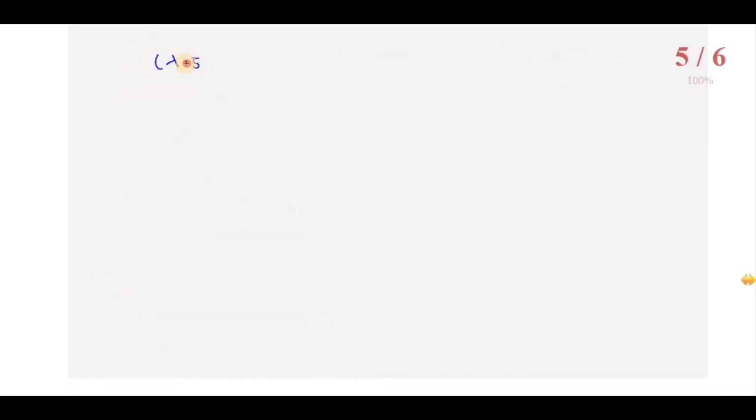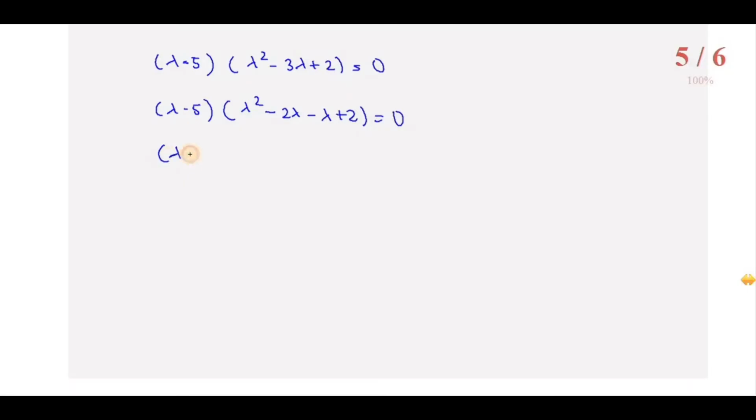So the equation we are getting is lambda minus 5 into lambda square minus 3 lambda plus 2 is equal to 0. Now we will solve this equation. Lambda minus 5 into lambda square, we split this 3 lambda as 2 lambda plus lambda, so lambda square minus 2 lambda minus lambda plus 2 is equal to 0. Now simplify this equation.